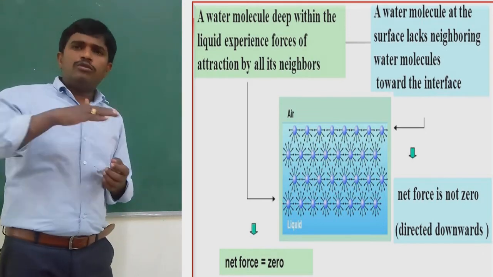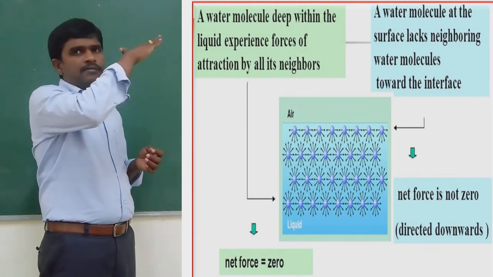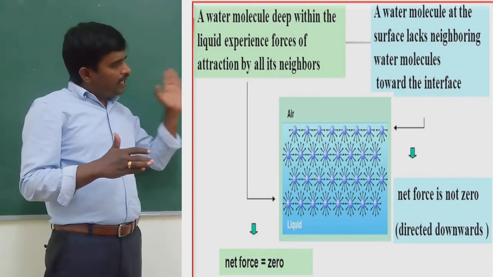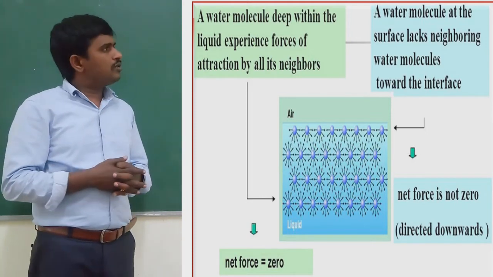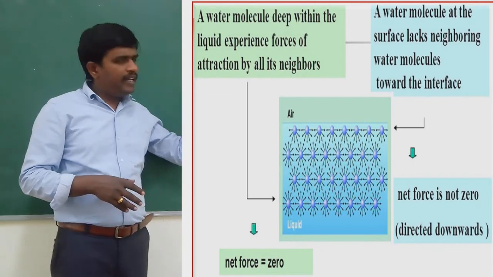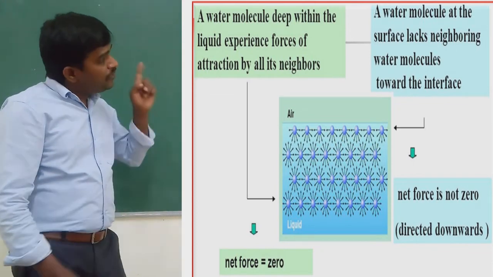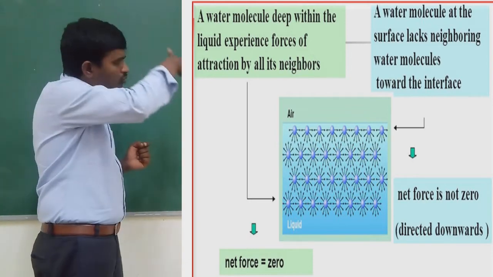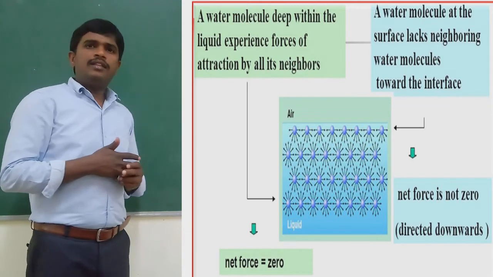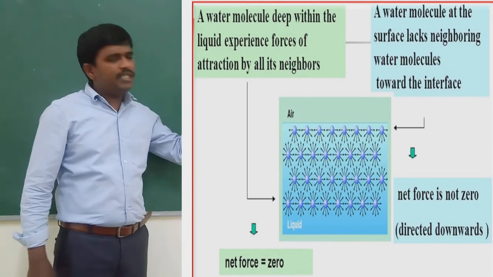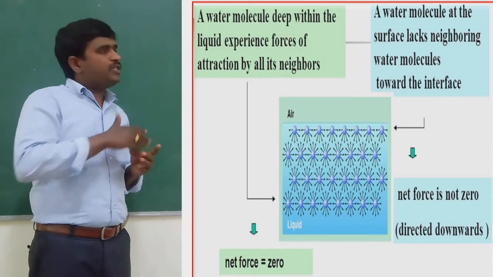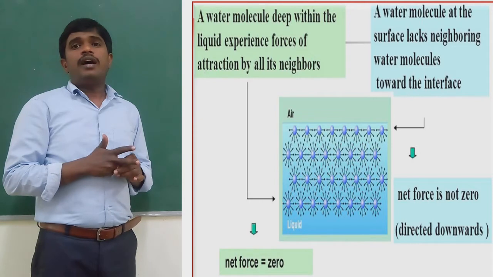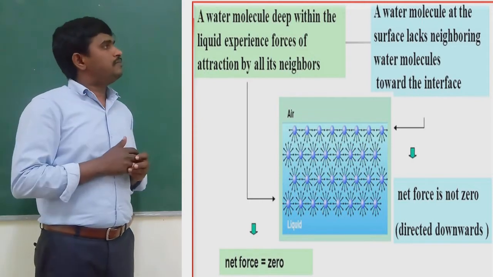Whereas a water molecule at the surface, as I said earlier, lacks some neighboring water molecules towards the interface. So, the net force in this case is not zero. That is directed downwards here. Okay? In the first case, the net force is zero, whereas for the molecules which are present on the surface, in such case, the net force is not zero.